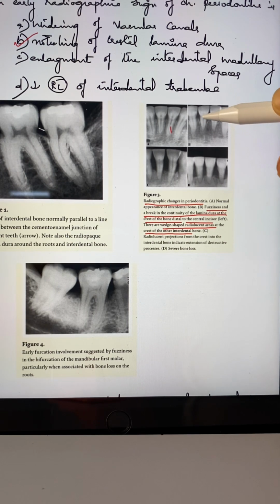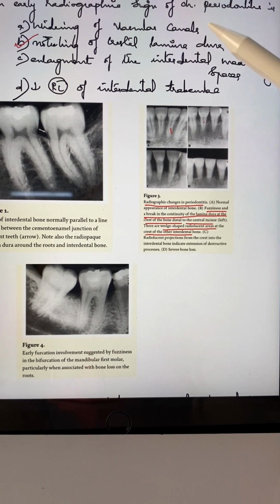See here, it's not intact with the tooth. So the fuzziness and a break in the continuity of the lamina dura at the crest of the bone distal to the incisor. Can you see this left side? These are the wedge-shaped radiolucent areas at the crest of the interdental bones. So the answer is notching of crestal lamina dura.